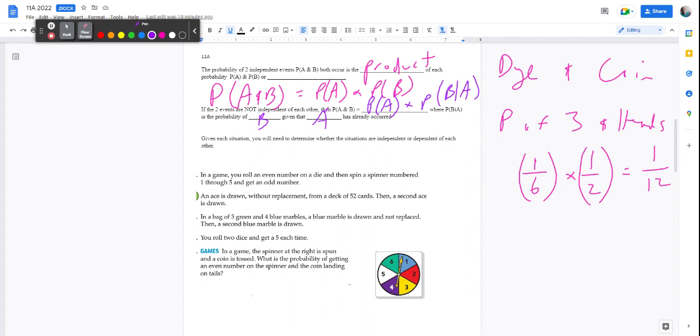Right now, this formula is a little confusing, and it's easier to explain in person than on a video. If they're dependent on each other, we use this purple formula. If they're totally independent, where one doesn't affect the other, we use the other one.